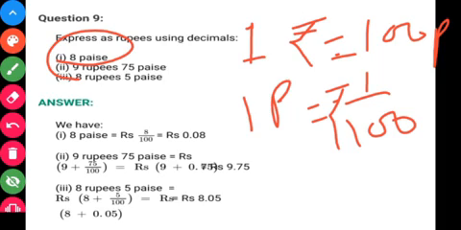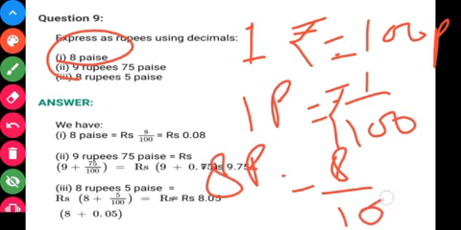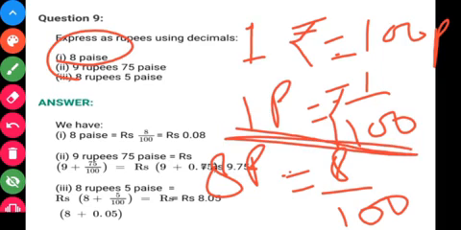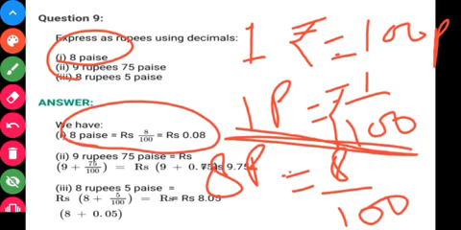So therefore 8 paise is equal to 8 upon 100 rupees. You can write this as rupees 0.08. When you divide 8 by 100, you will get 0.08. Understand?